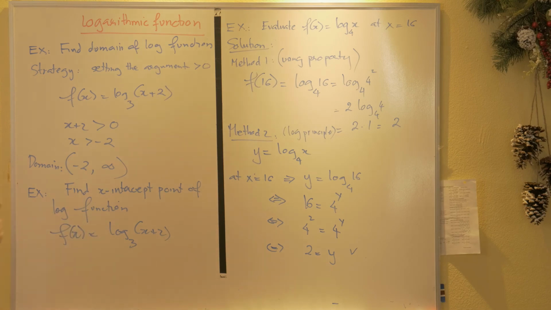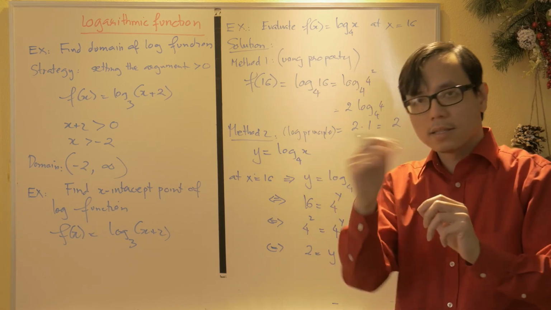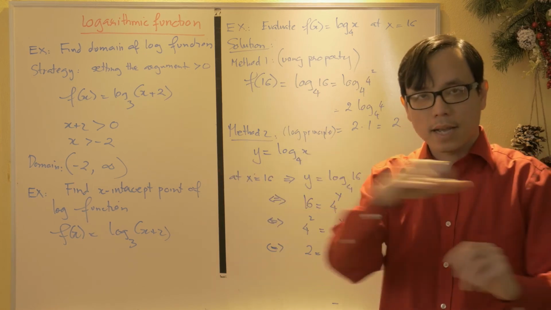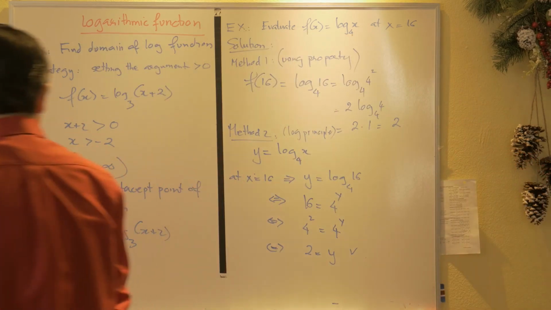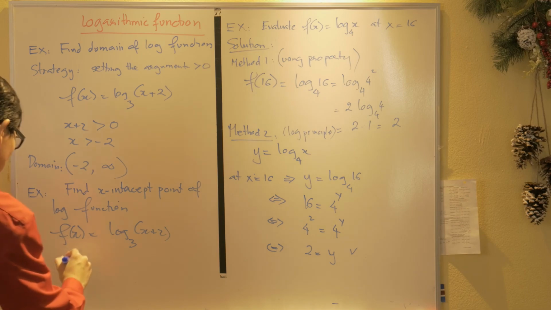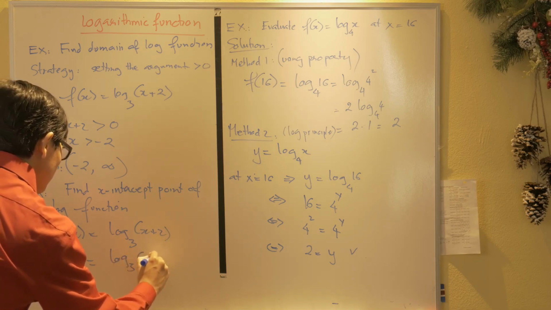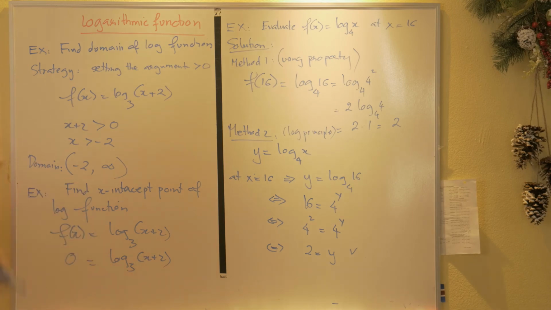The x-intercept point is the point where the curve of the log function intercepts the x-axis. In order to find it, you set f(x), you set y equal to 0. So 0 equals log base 3 of x plus 2. Then you use the log principle again.